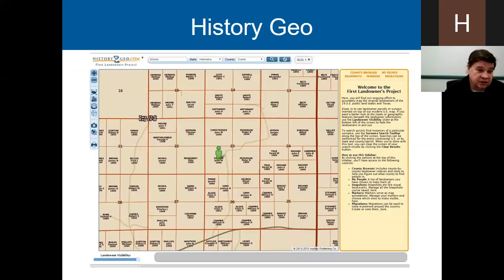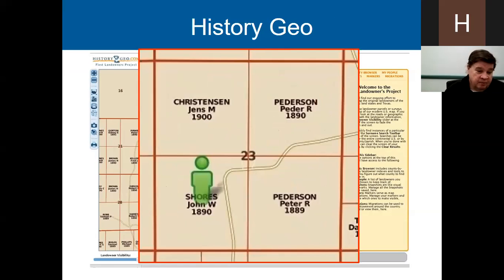In Nebraska, and if we look on the History Geo, which shows the first landowners in the country, we can find where their land was, and each one of those squares is 40 acres. So he owned 40 acres, moved out there, was one of the exodusters, obviously, lived in one of the sod houses out on the prairie and farmed as a free man.